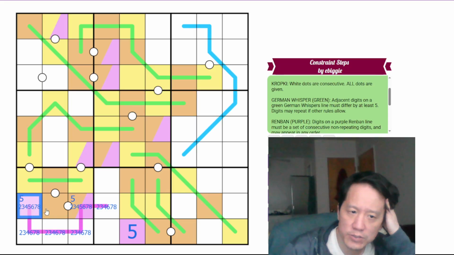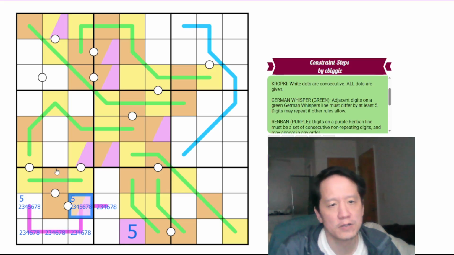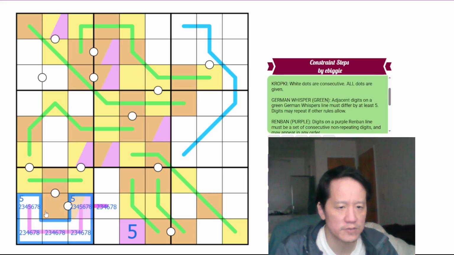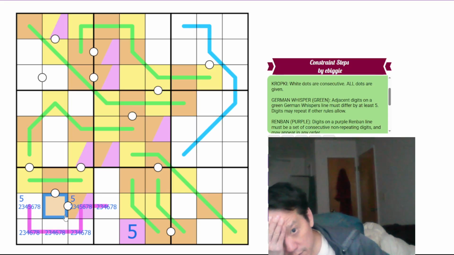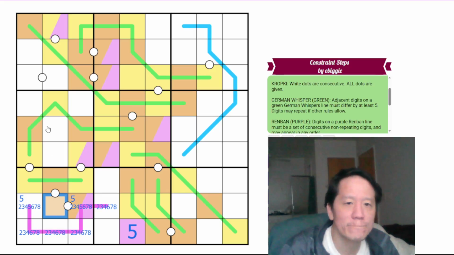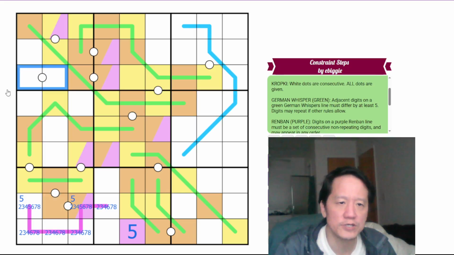So we don't know what this is. Pink could be either of these, but we do know this has to be orange or pink to be consecutive with this, because 5 has to be one of these. This can't be 5. This cannot be two yellows here.